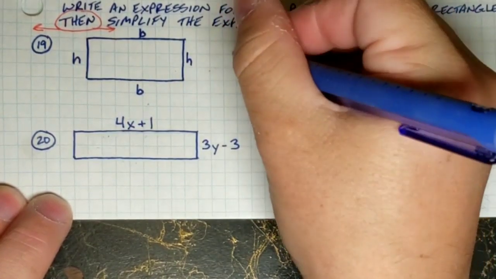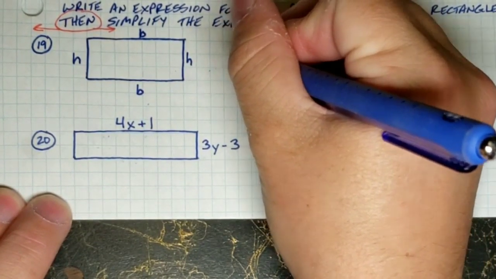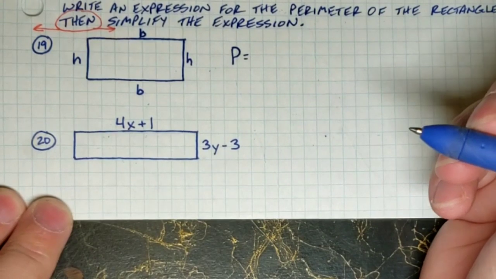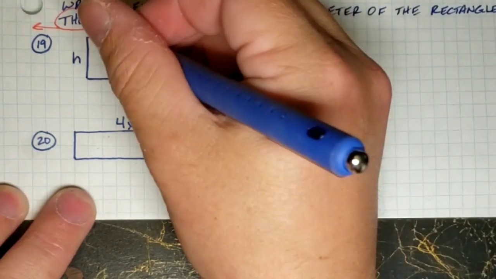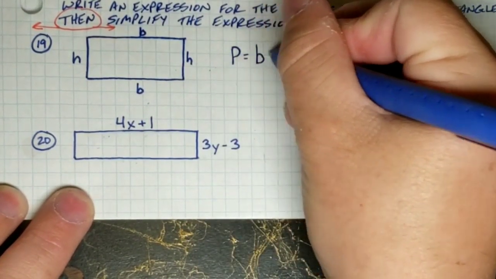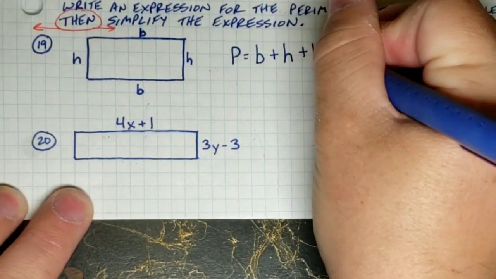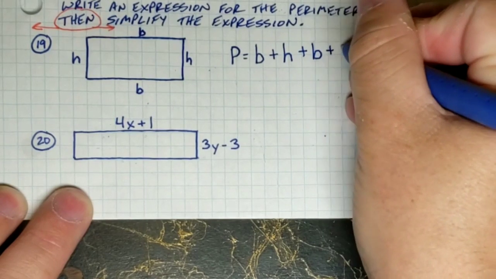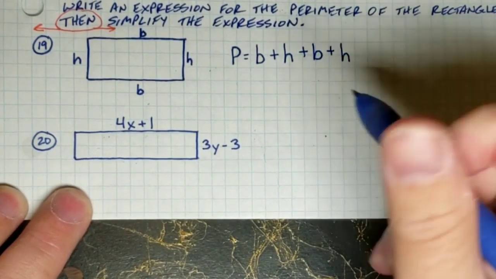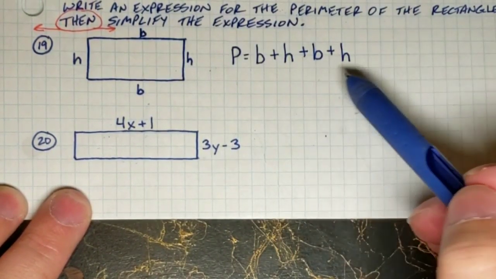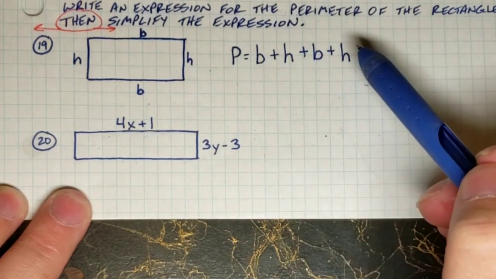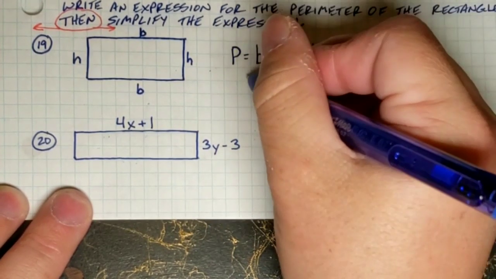All right, so how do you find the perimeter of a rectangle? Remember, to find the perimeter of any polygon, all you have to do is add the sides together. So we're going to add the top, which is b, plus the side, which is h, plus the bottom, which is b, plus the other side, which is h. So write an expression for the perimeter of the rectangle. Done. Then simplify the expression.